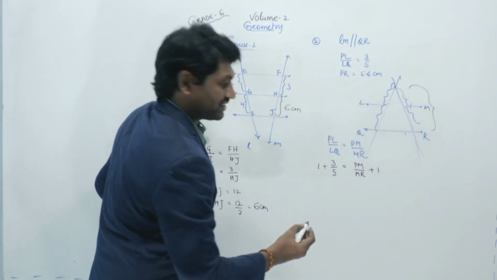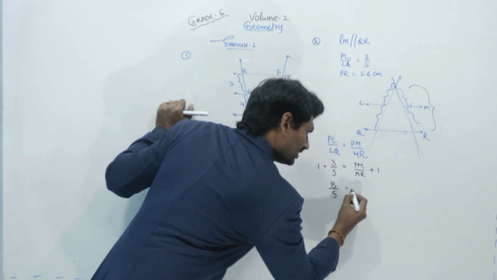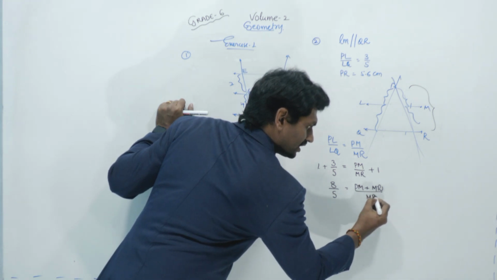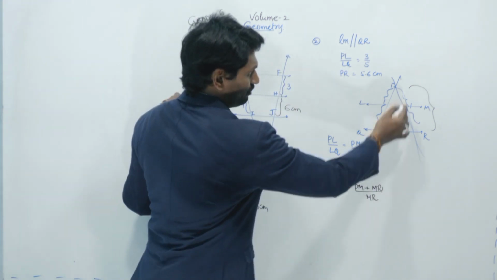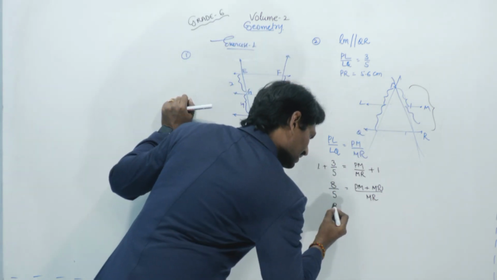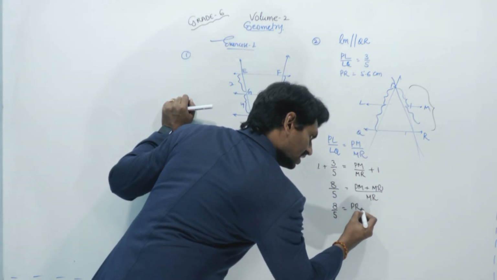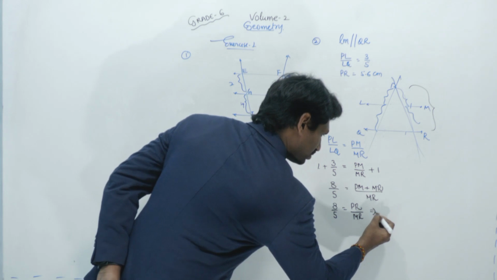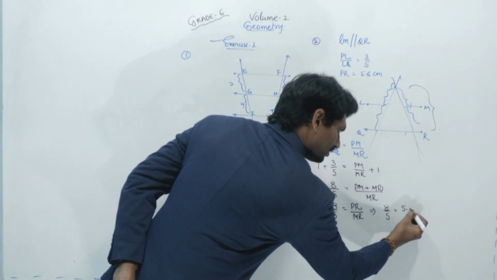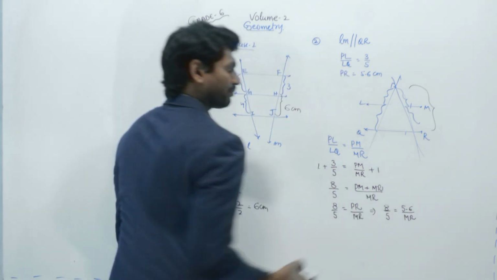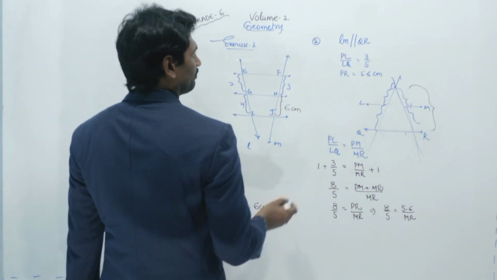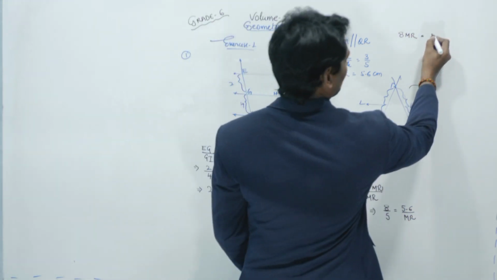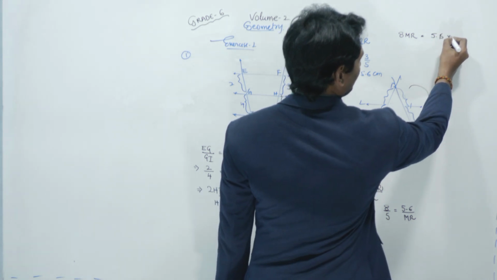So 5 plus 3 is 8, this will be 8 by 5, which equals PM plus MR divided by MR. PM plus MR is nothing but PR, so PR by MR. We already know PR is 5.6, so substitute: 8 by 5 equals 5.6 by MR. Cross multiplying, 8 into MR equals 5 into 5.6.